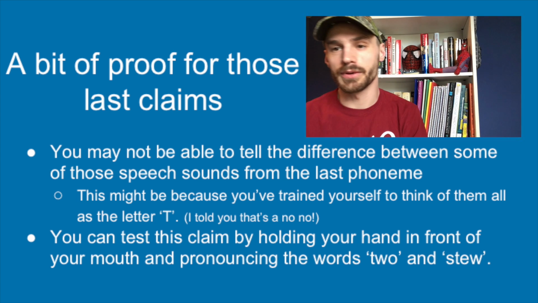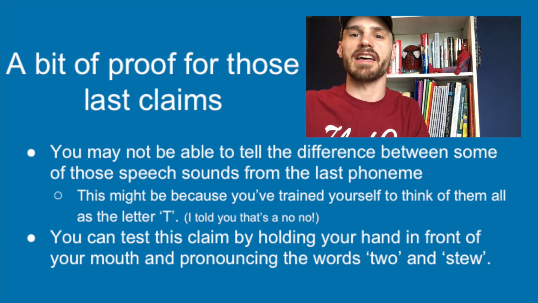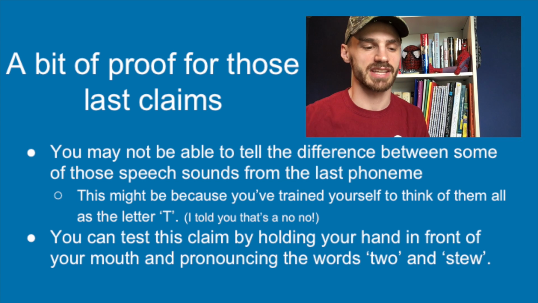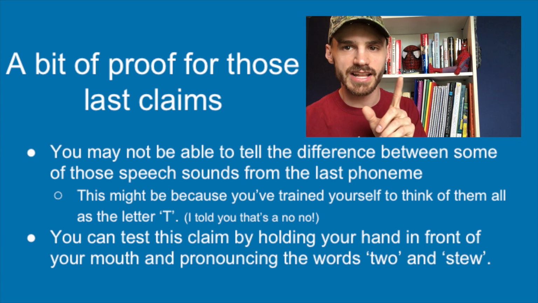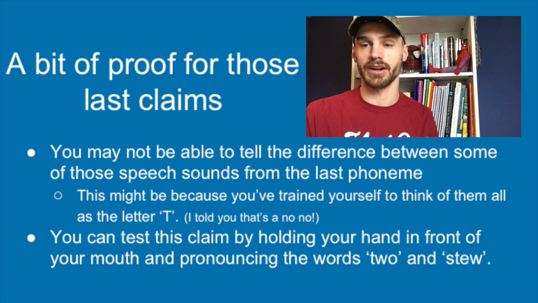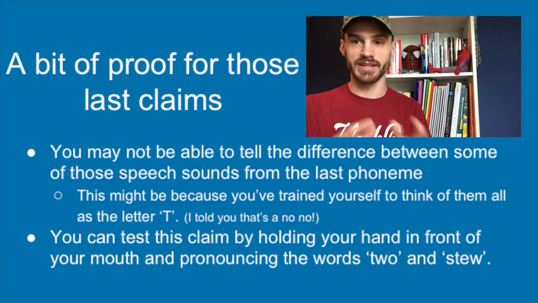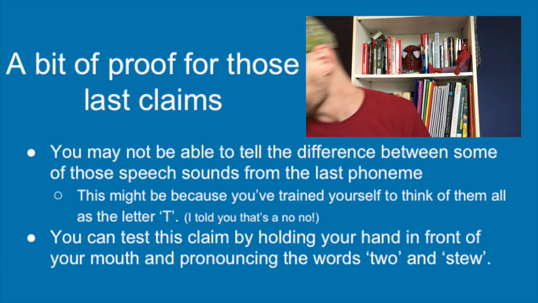And the reason is because that manifestation of that phoneme is now not taking place at the beginning of the word. This is an interesting point to make, going off of what I talked about earlier in the video. Remember I said that a phoneme has to be able to contrast between different meanings of a word.